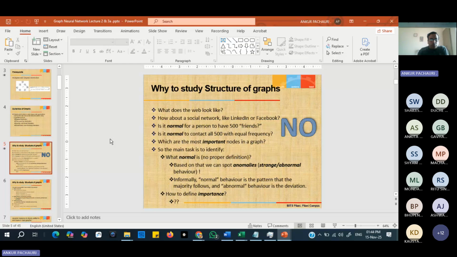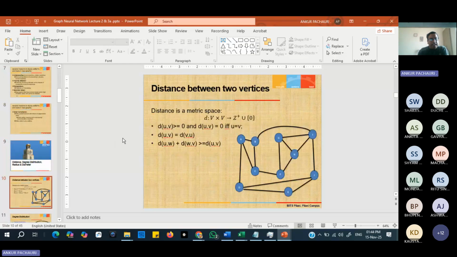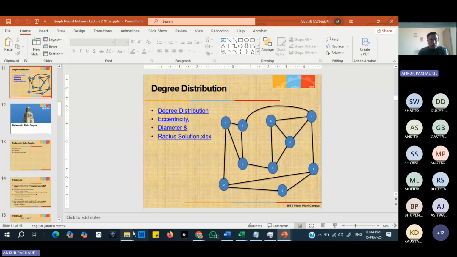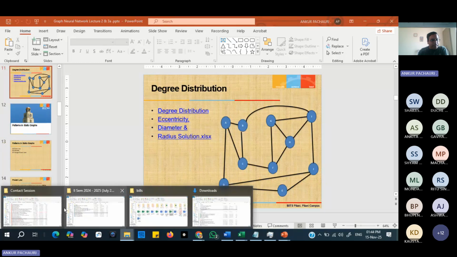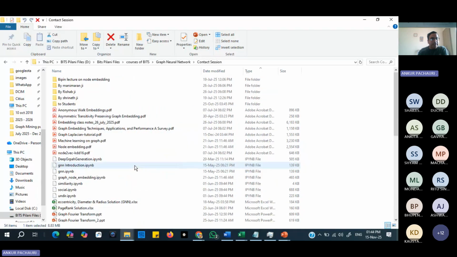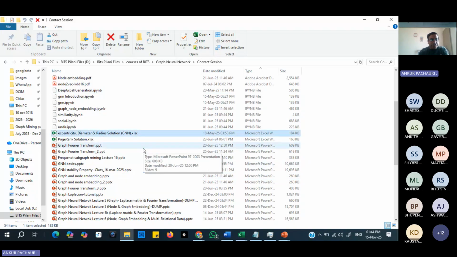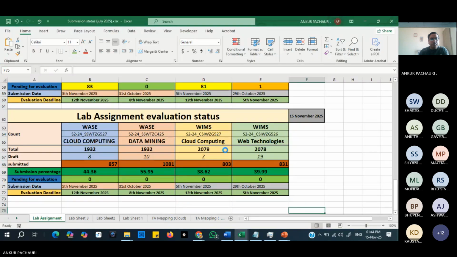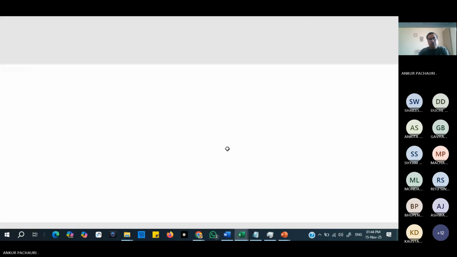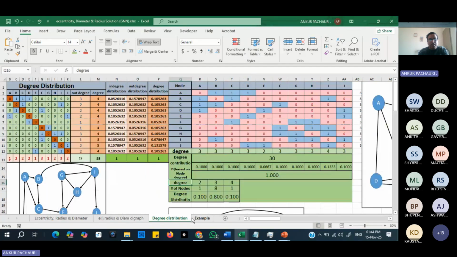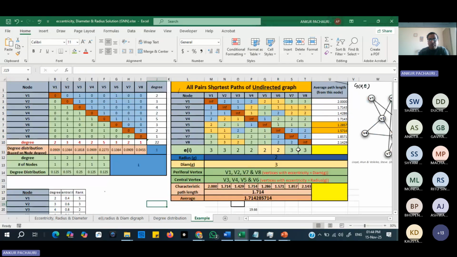So, what we covered in the last session was the eccentricity, and I think I have explained it clearly and devoted sufficient time to this part, along with one solved example for you.